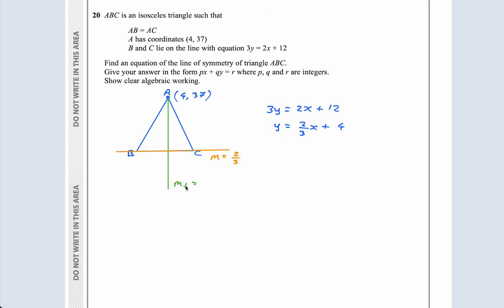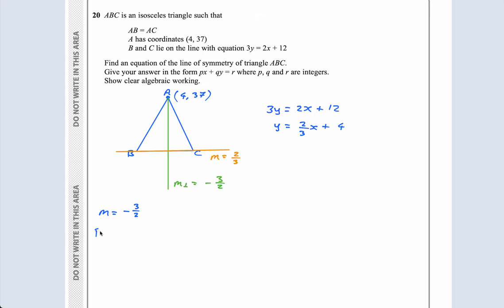Anyway, the gradient of this line is negative 3 over 2, because you probably remember this from earlier years. If you have a gradient, the perpendicular is the negative reciprocal. So I flip this upside down and change the sign. Now I have the gradient for the green line, m is negative 3 over 2.